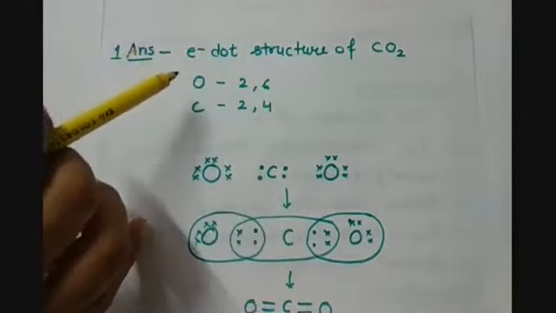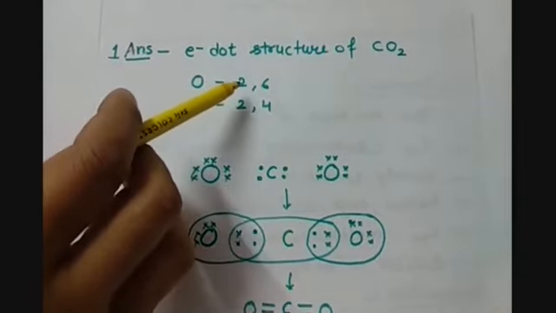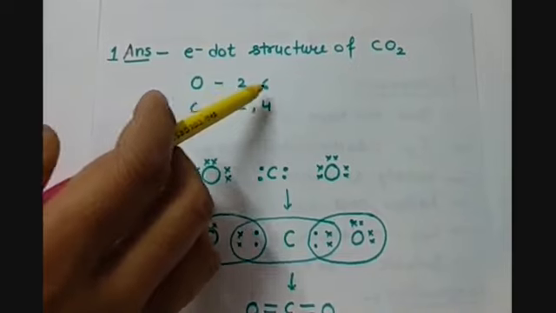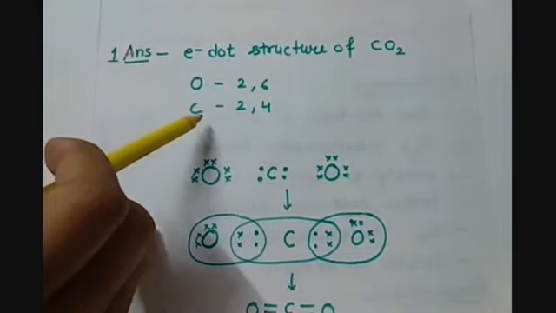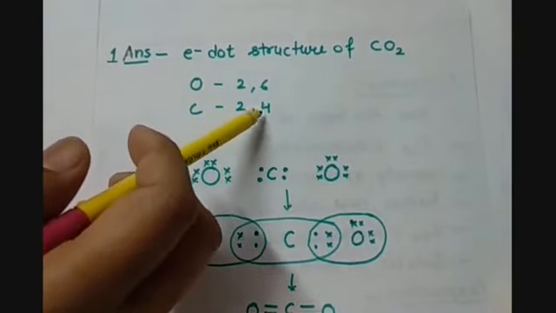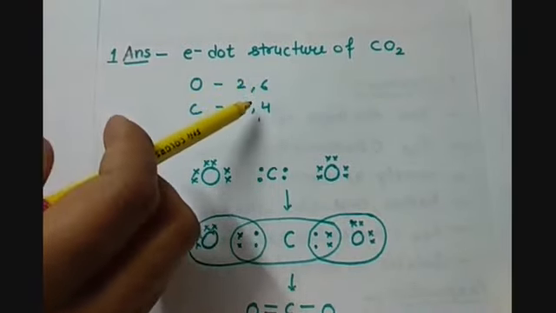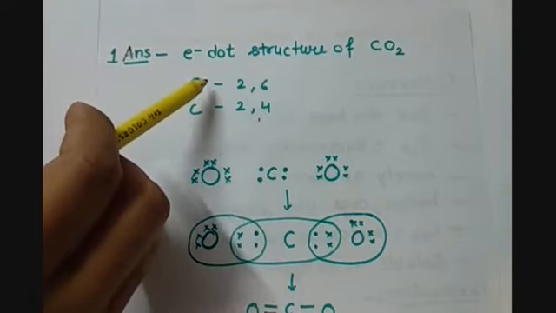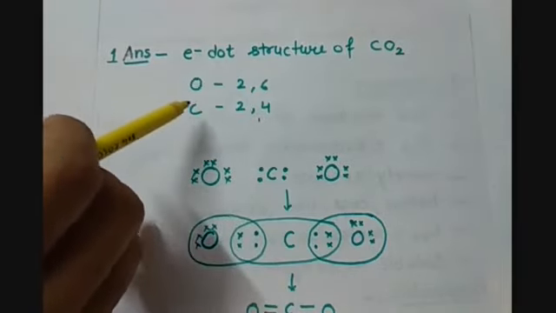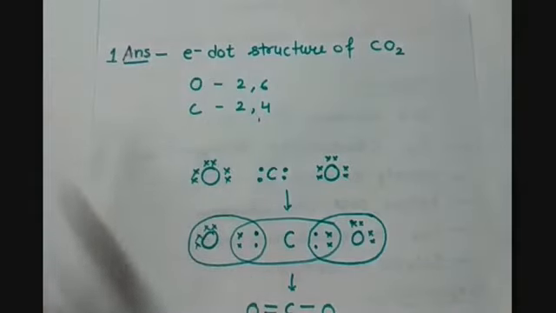So we know oxygen has atomic number 8 and its electronic configuration is 2, 6. Carbon has atomic number 6, its electronic configuration is 2, 4. So to complete their octet, to stabilize themselves, oxygen needs 2 more electrons, whereas carbon needs to form 4 covalent bonds.